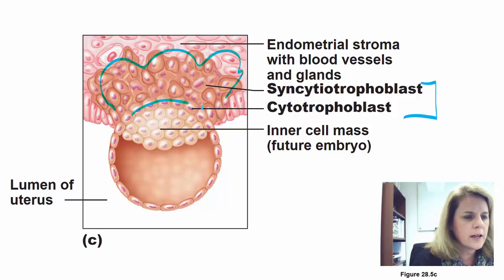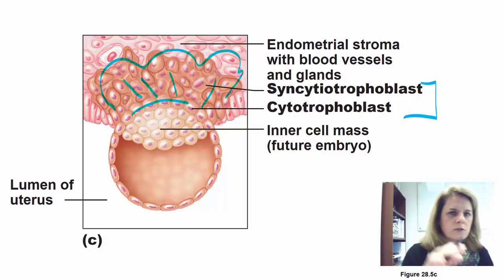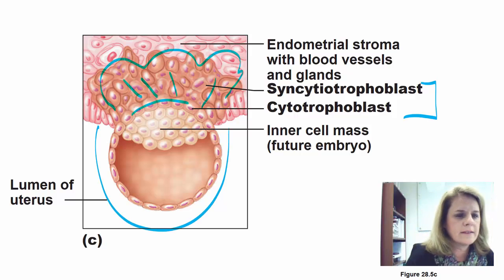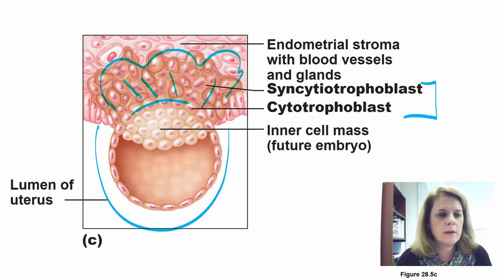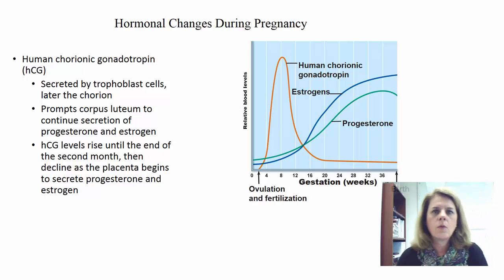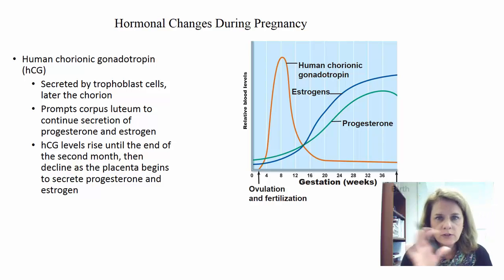So these cells are paving the way for the actual enveloping of this blastocyst by the endometrium. Okay, and so what else is going on? We're going to show you more detail on that.